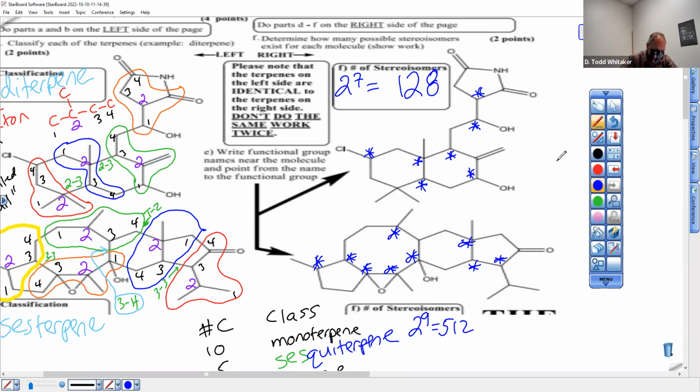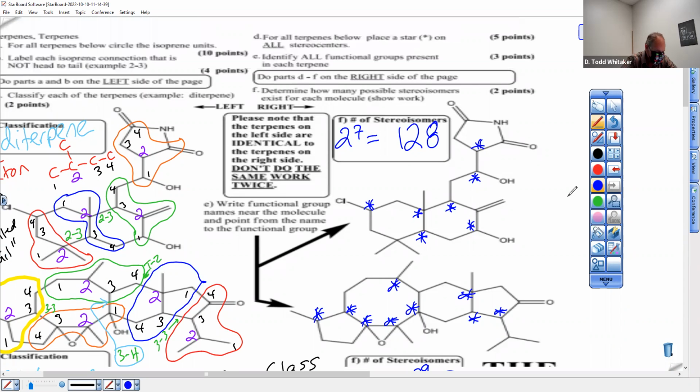Okay, and functional groups before we go. I think that's part E. There's a bonus functional group. I didn't even mention it's a bonus. Oh, man. Based on what you know, what's your best guess for this functional group?